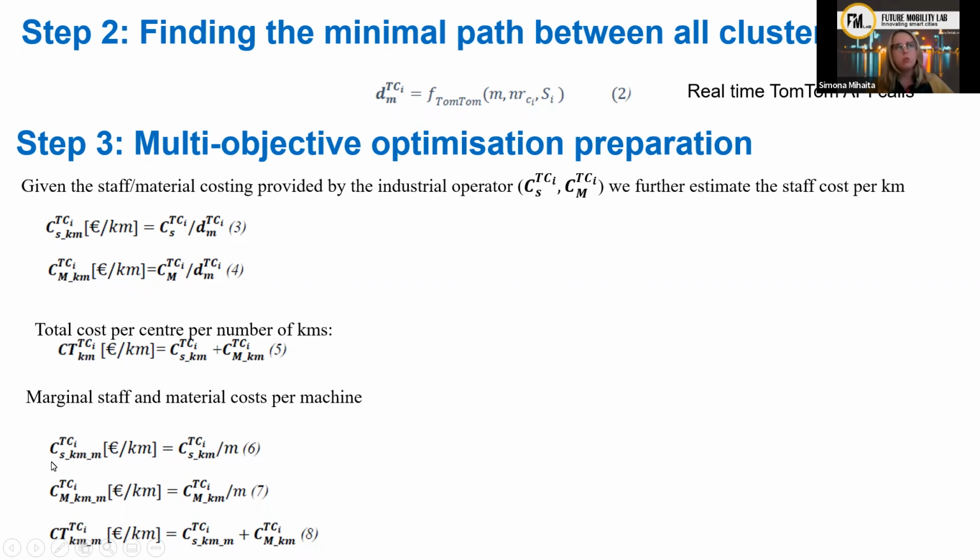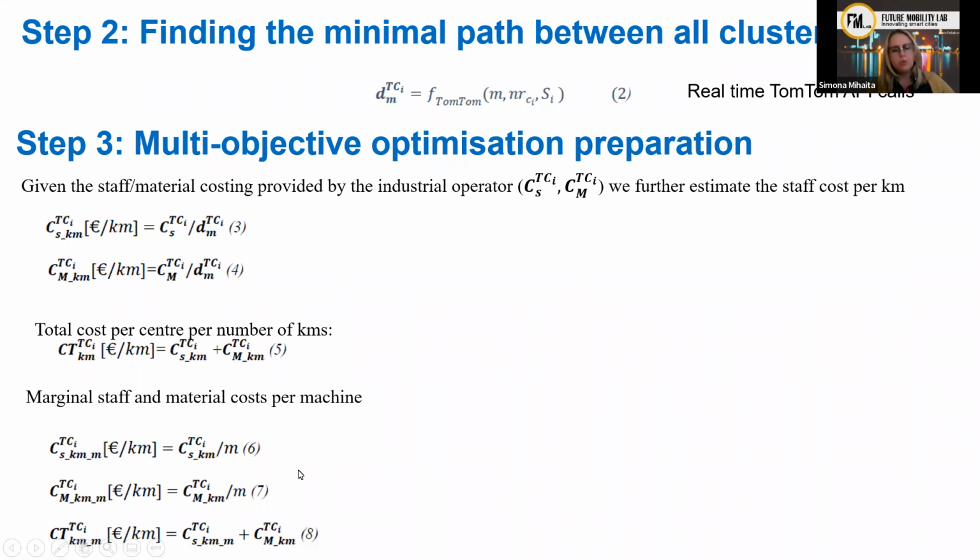Simply because we wanted to run multiple scenarios in which we would assume that the technical centers would purchase more machines, and we wanted to see the impact. So say, for example, they want to use not only one machine, but 2 machines, 3 machines, etc. Then we need to have this marginal cost per kilometer inside the technical center in order to be able to scale up. So that was one of the reasons why the marginal staff and material costs have been calculated.